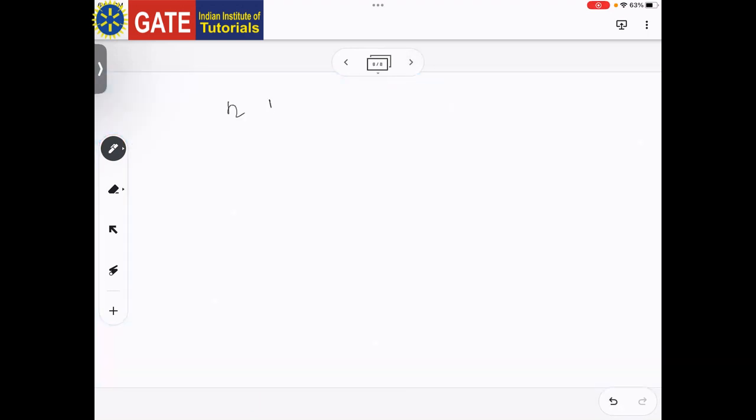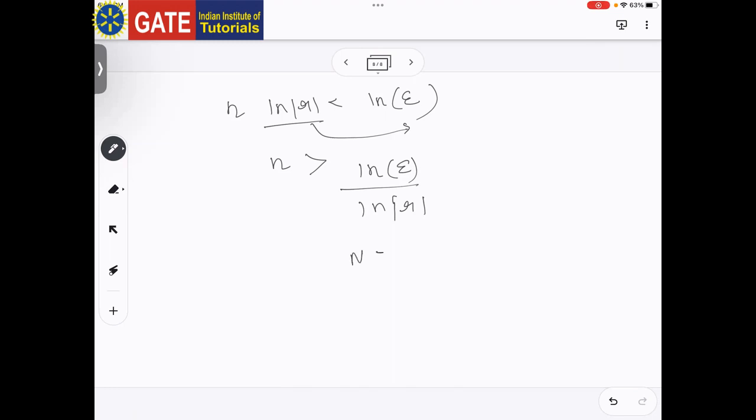When ln modulus of r goes to the other side, the inequality sign will change, because it is negative, and you will get n greater than ln epsilon divided by ln modulus of r. So you choose your capital N to be the greatest integer function of ln epsilon divided by ln modulus of r.